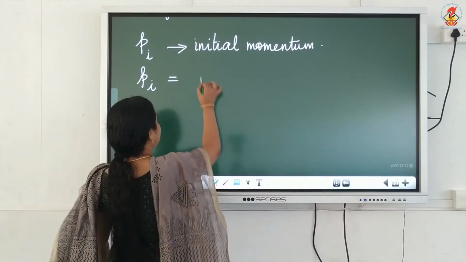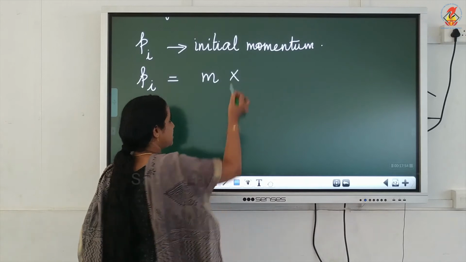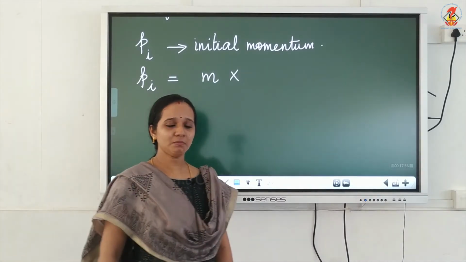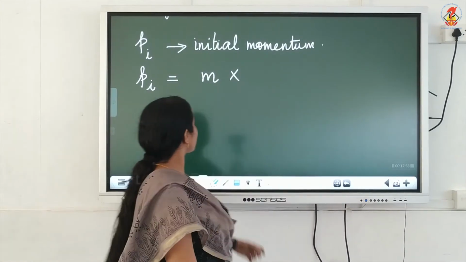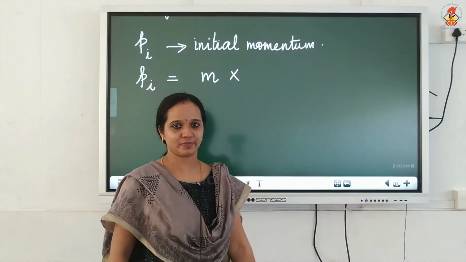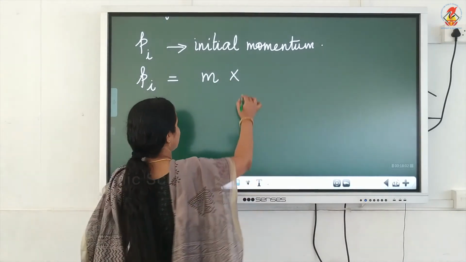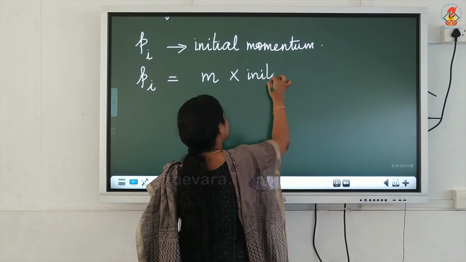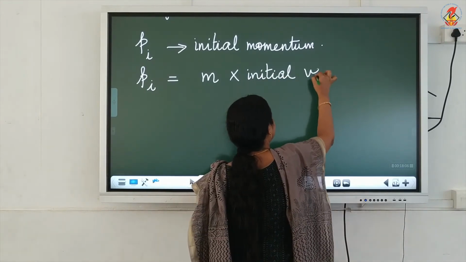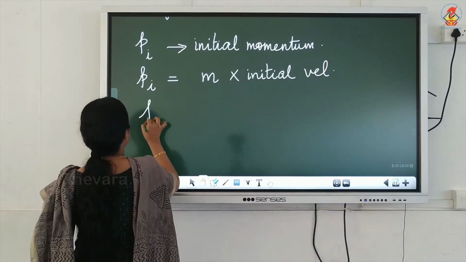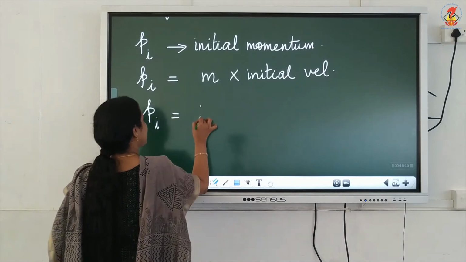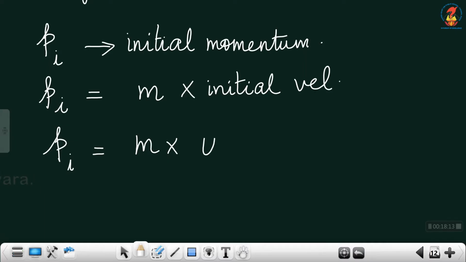So, Pi is mass into initial velocity, and initial velocity can be represented using the letter u.